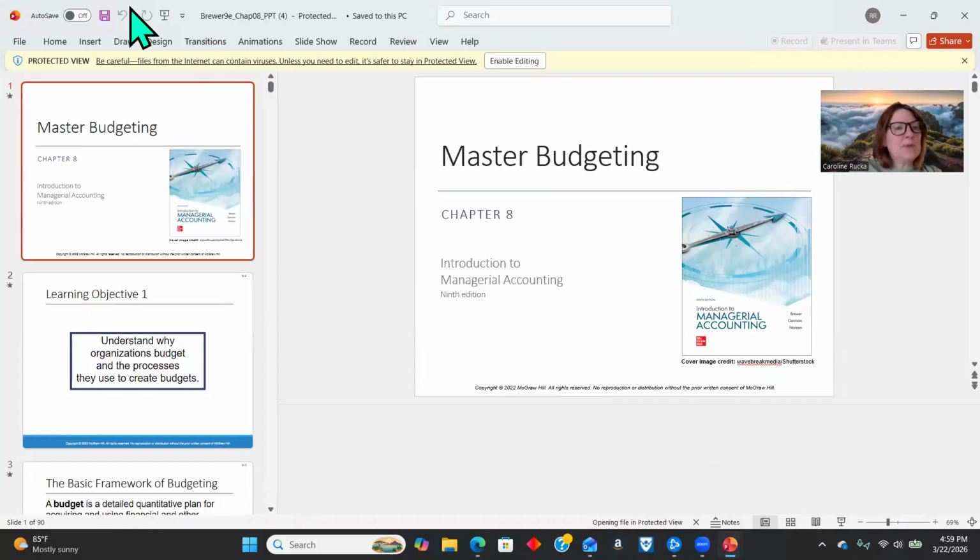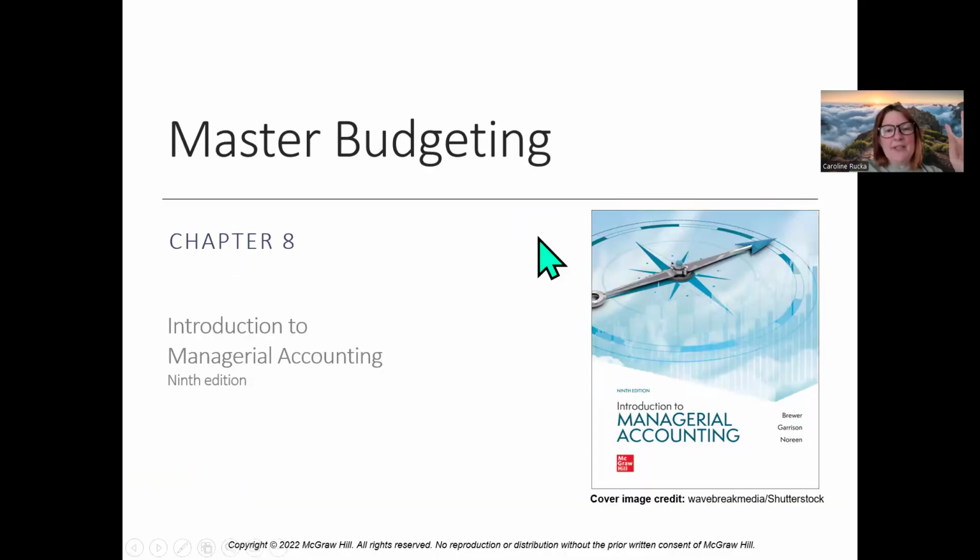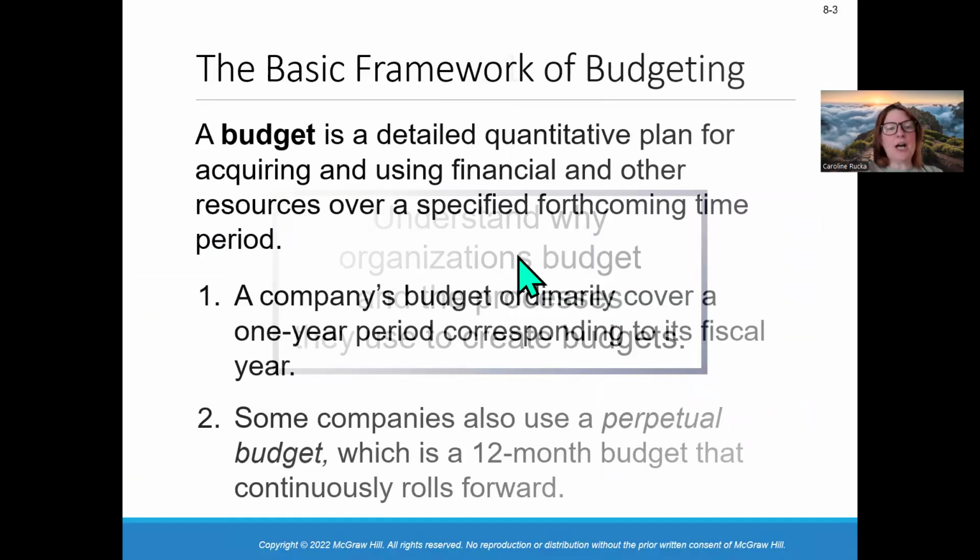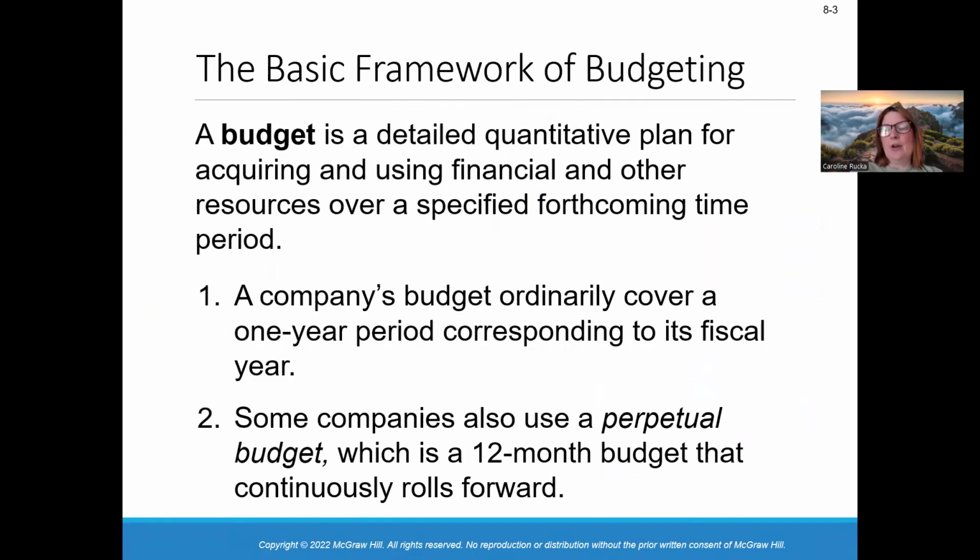Okay, so first up, we're going to talk about this concept of a master budget, that draws everything together. Now budget is one of those words that we use every day, but we might not necessarily know the definition, especially as it relates to accounting. So just to make sure that we're all on the same page, a budget is a detailed quantitative plan for acquiring and using financial and other resources over a specified forthcoming time.